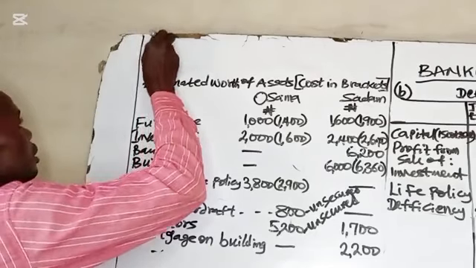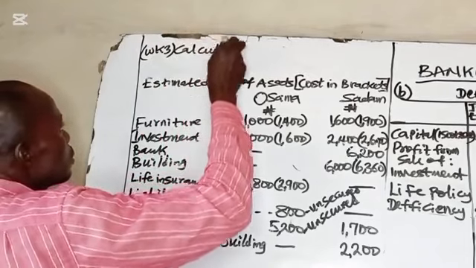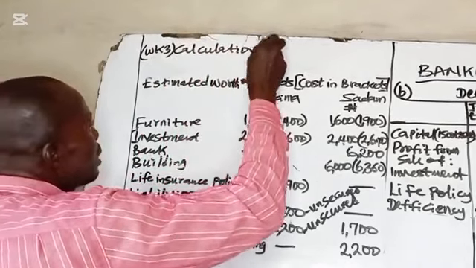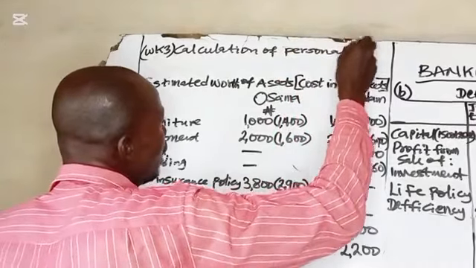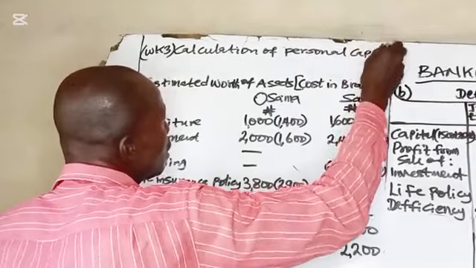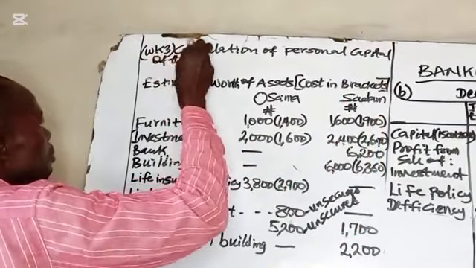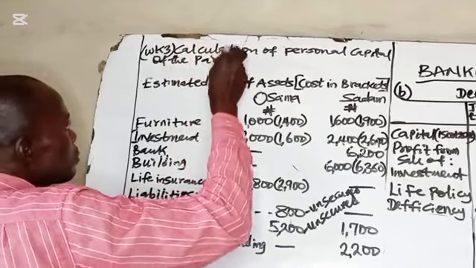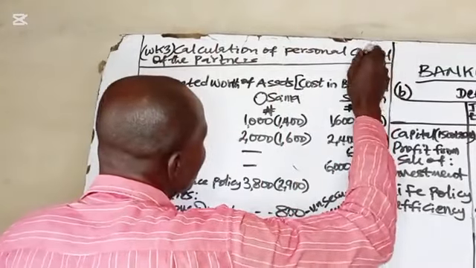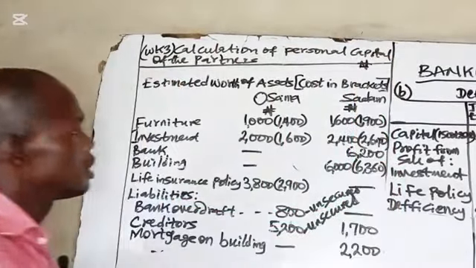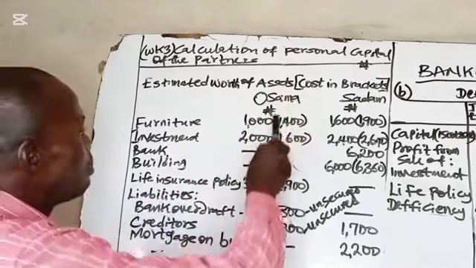Working 3. Calculation of personal capital of the partners. It is the cost that will be used. Remember, you have been told costs are in brackets.